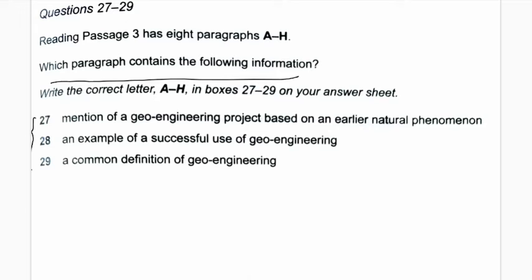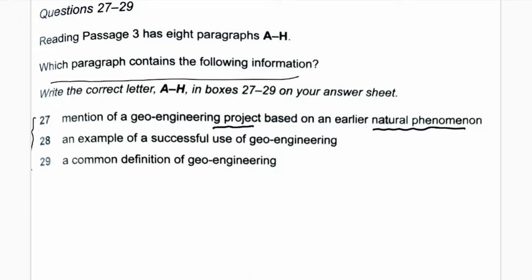So in the 27th number, let us mark the keywords from the question: mention of a geoengineering project based on an earlier natural phenomenon. So natural phenomenon and mention of a geoengineering project. Okay, so there is something related to a geoengineering project, and those projects were based on some natural phenomena.